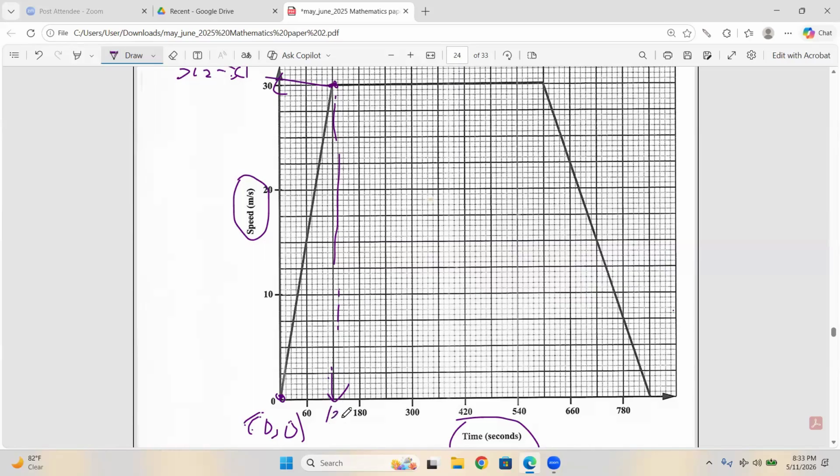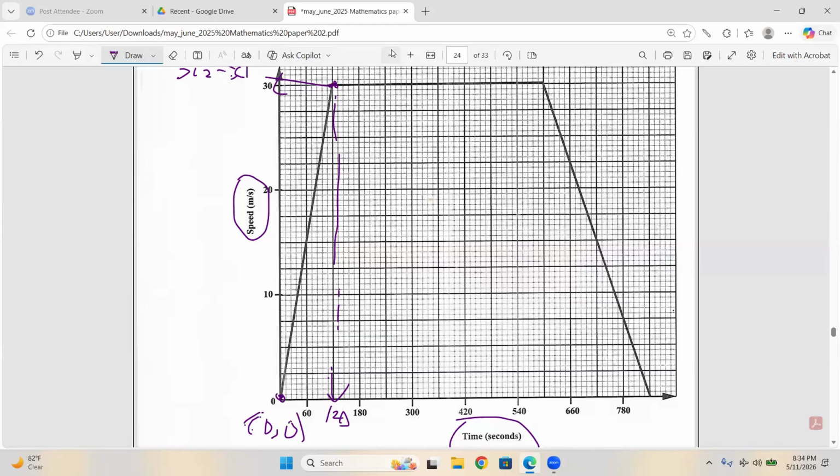So that means here is 120. Apparently the scale for this comes from 60 and it jumps to 180. So that means it's 60, add another 60 here, 120, add another 60, 180. Okay, yeah. So this is 120.